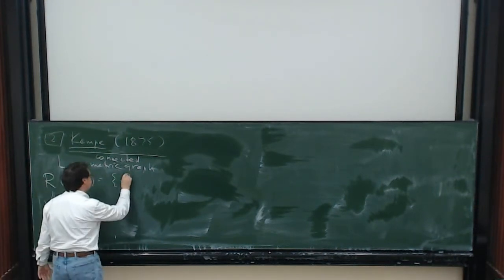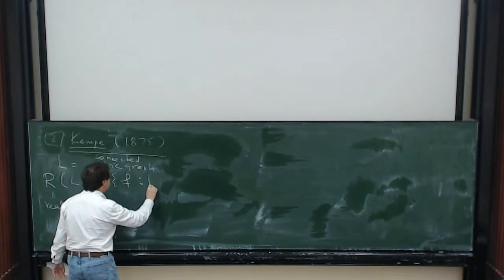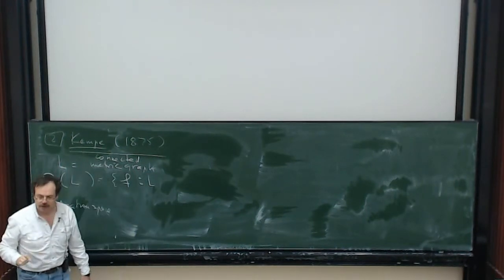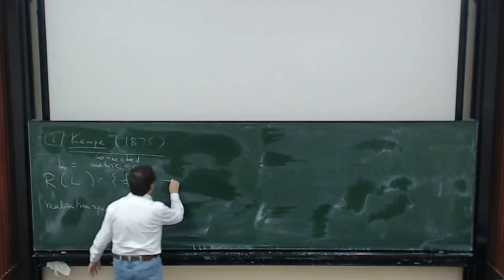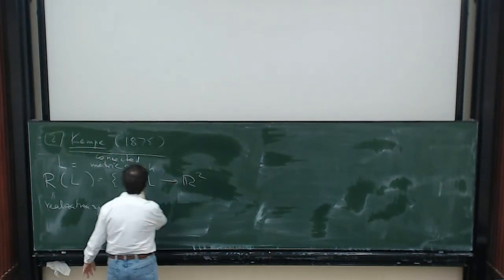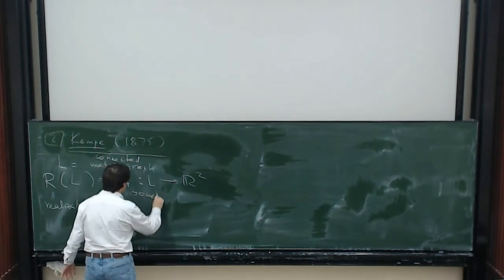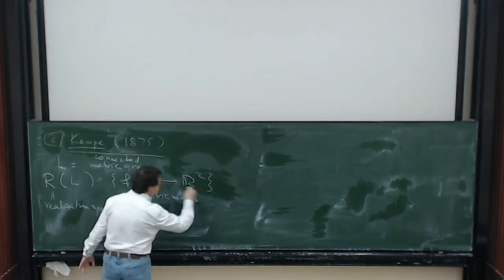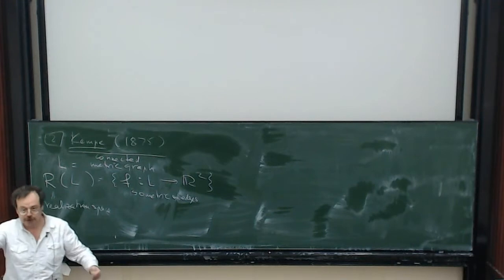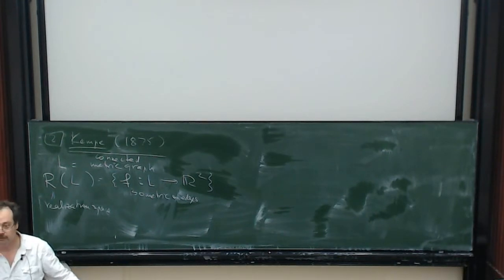It's a space of maps F from L, now I will take the whole L, right? Vertices and edges together, into R2, which are isometric on edges. So it literally sends every edge to a straight line segment of the same length. And that's what it means.